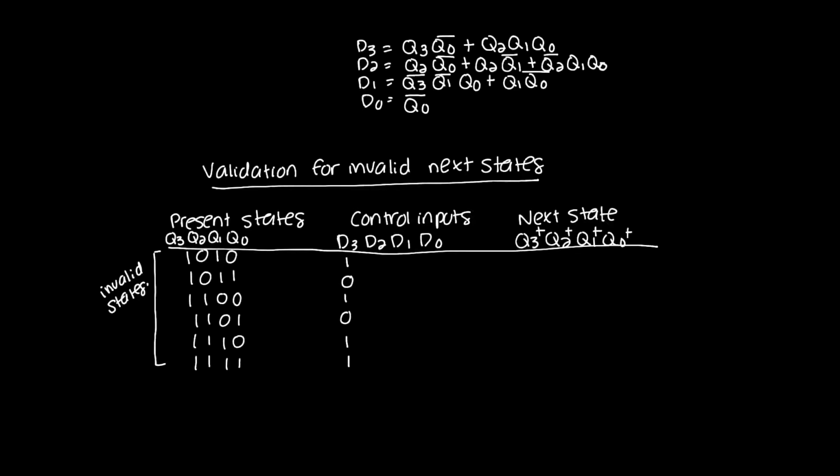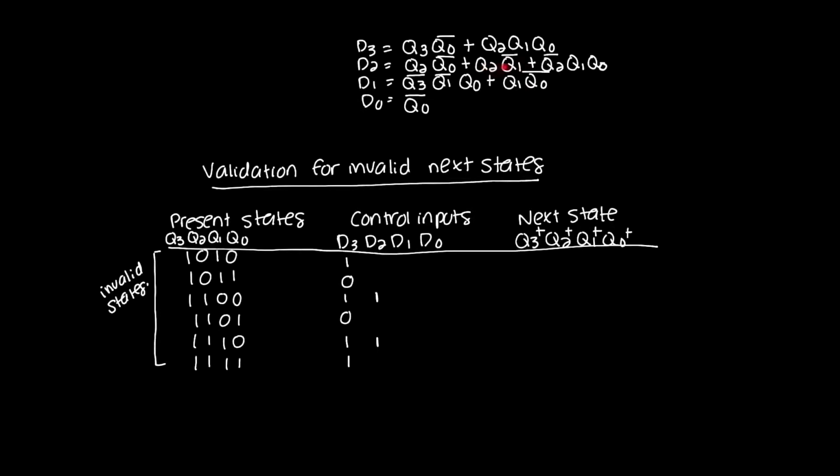Now I'm going to look at D2, and I do something similar for D2. The expression for when D2 is high is when any one of these three terms is high. So let's start with this, Q2, Q0 bar. When Q2 is high and Q0 bar is low, I'm going to have D2 being high. So that occurs here and here. Now let me look at the second term.